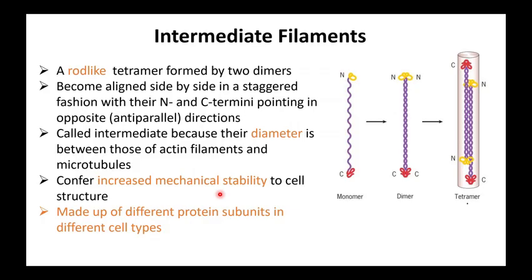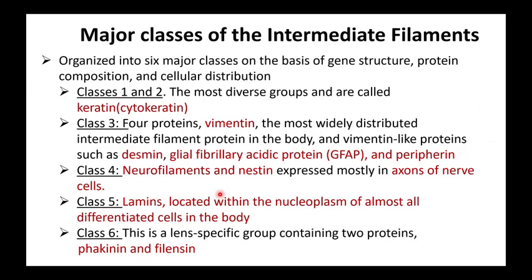Okay. There are many classes, but these are the 6 major classes based on the structure of the gene responsible for that particular tissue, the protein composition itself, and the cellular distribution where they have been distributed. Now let's look at keratin. Class 1 and 2 keratin protein.